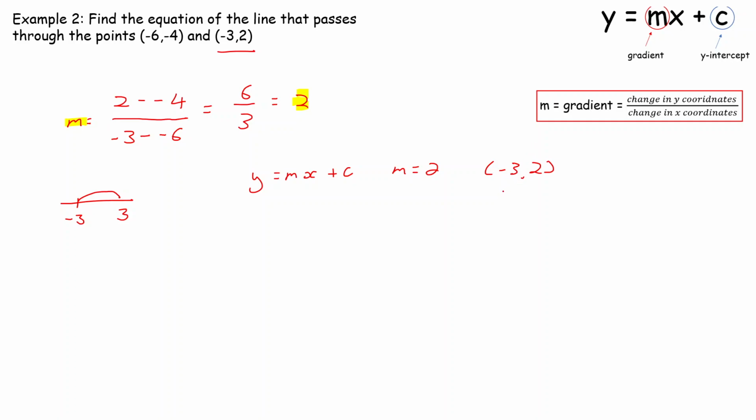So that minus 3 is an x coordinate, and that 2 is a y coordinate. Now I've got y equal to 2, m equal to 2, and x equal to minus 3. I just substitute it all in to find my value c.